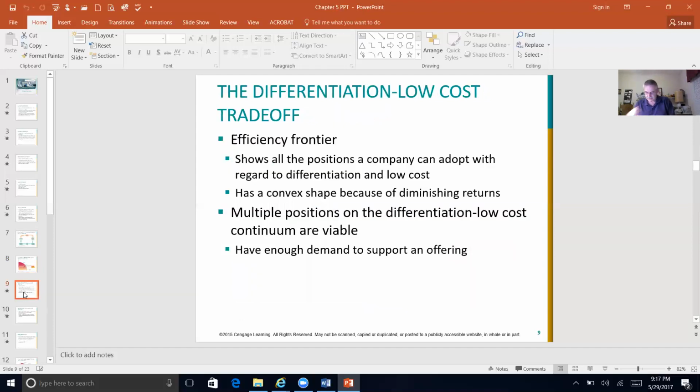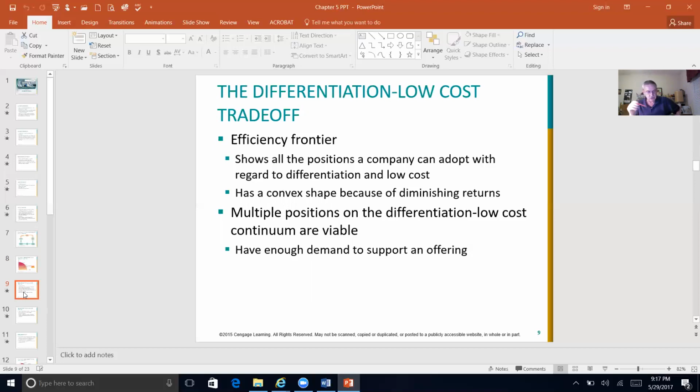And in this efficiency frontier, one of the key points is that there are often multiple positions of differentiation along the low-cost continuum that are viable, in the sense that they have enough demand to support a specific offering.